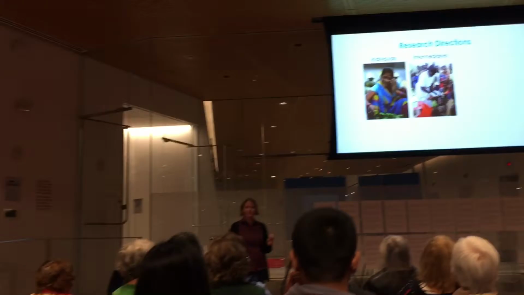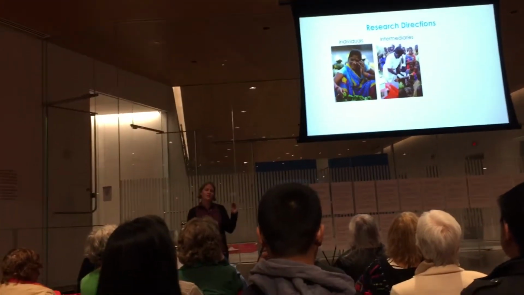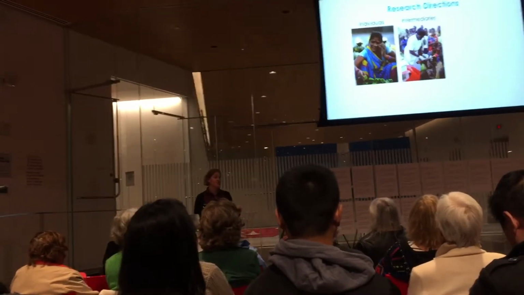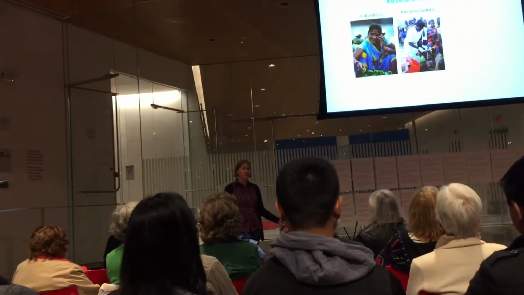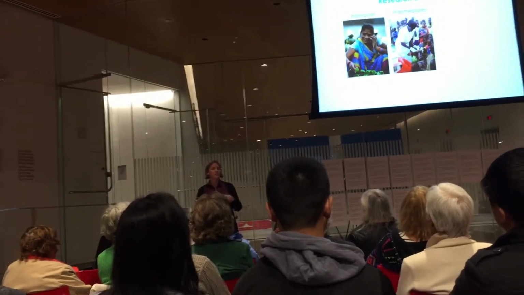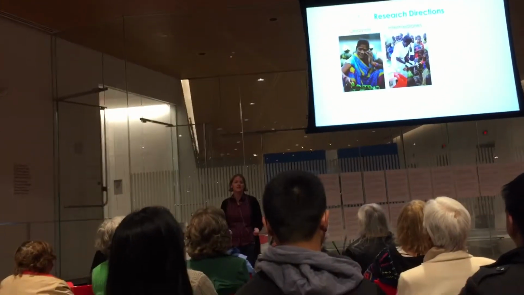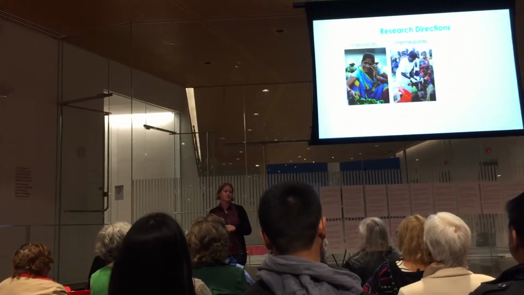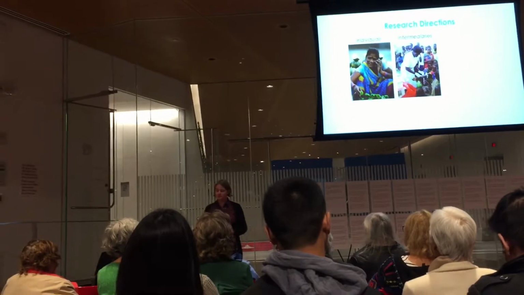So these are people sort of one step up, whose job it is to provide services to individuals. So we might think of teachers who provide services to students. We might think of health workers, in this case, who deliver health services to communities. I also work with home care workers in New York City who deliver services to people within their homes.